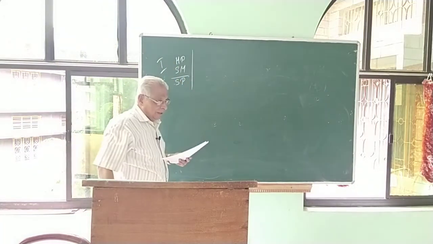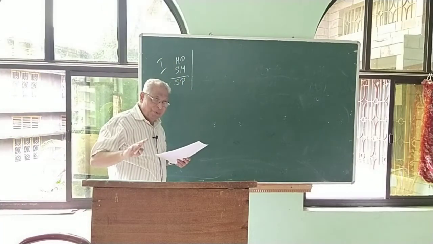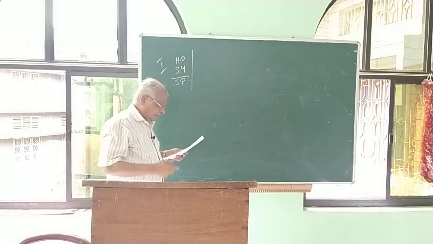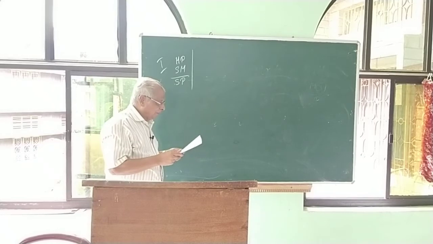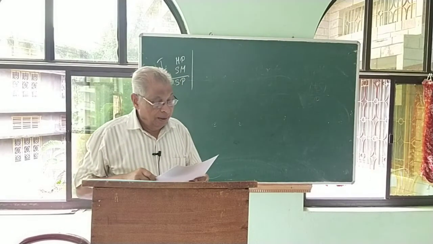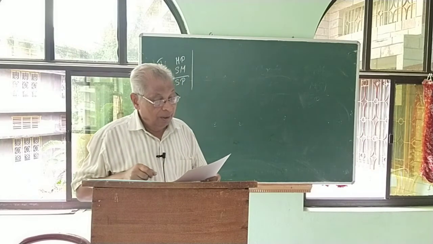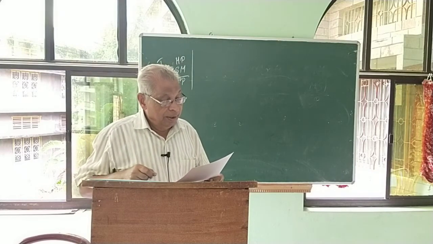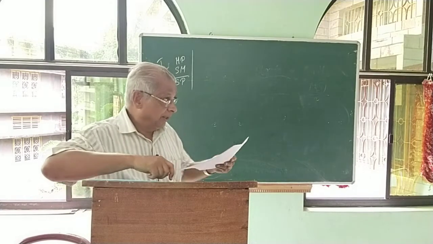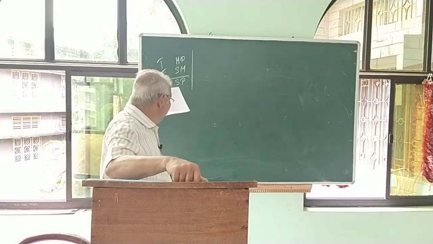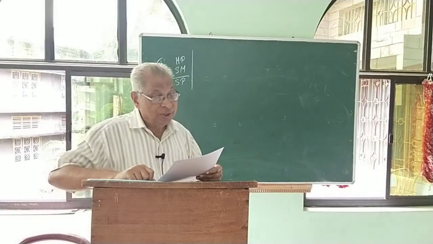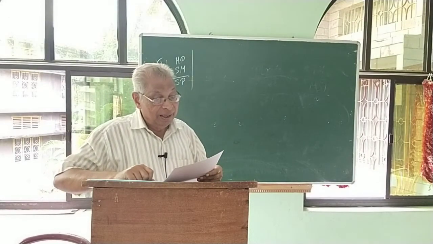So in the first figure, there are a few valid moods. And what are they? That is what you are going to see. We are looking not only at the figure, but also the specific rules regarding each figure.